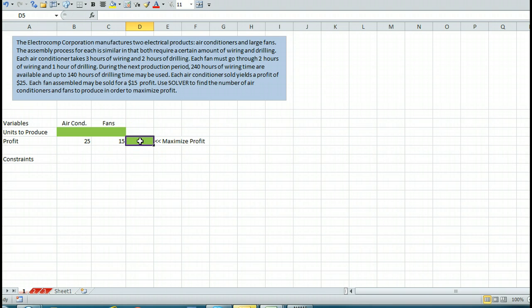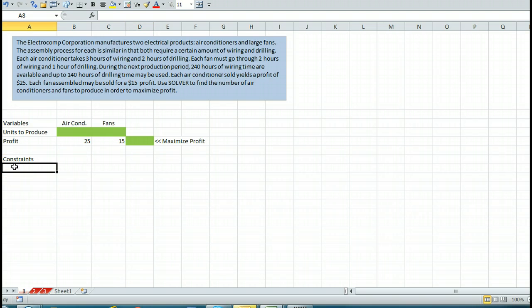So this formula for profit is basically going to say the number of units of air conditioners times 25 plus the number of units of fans times 15. That's our total profit. That's the number we want to maximize. So we're going to put that formula for profit in this cell.